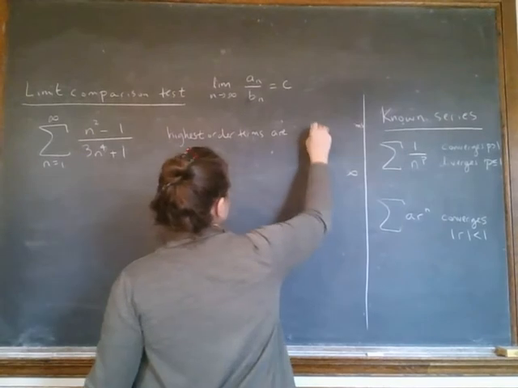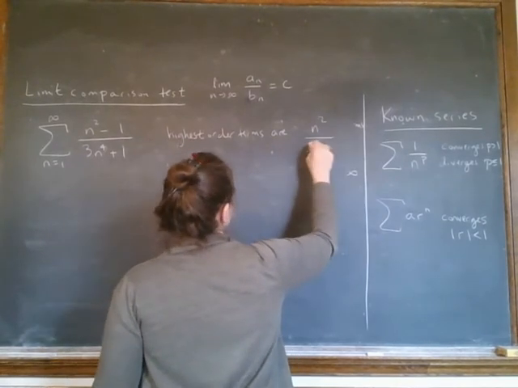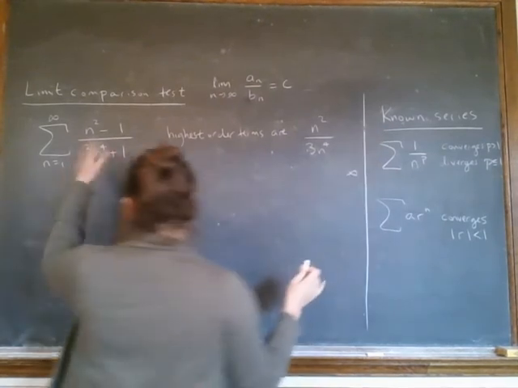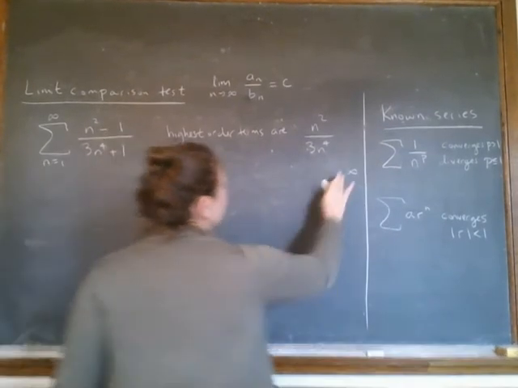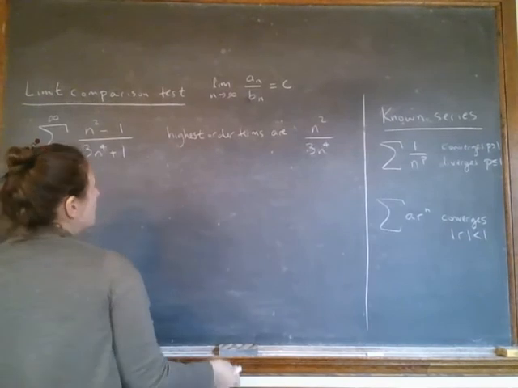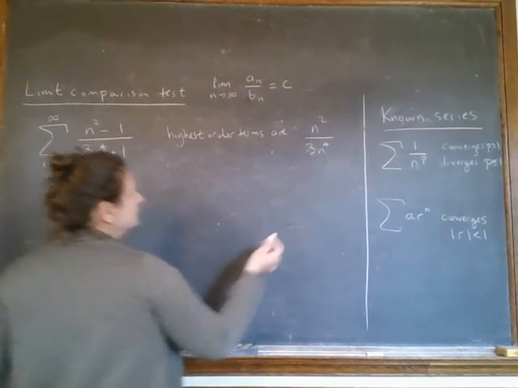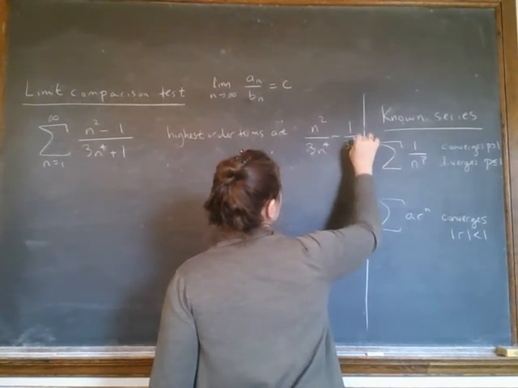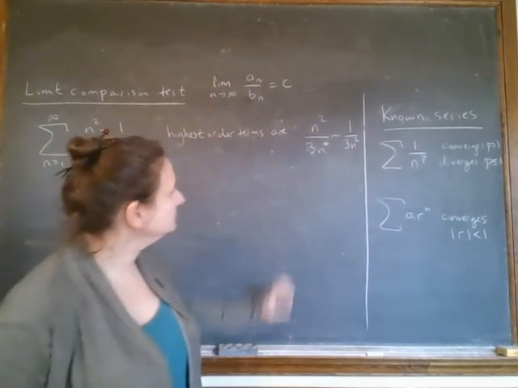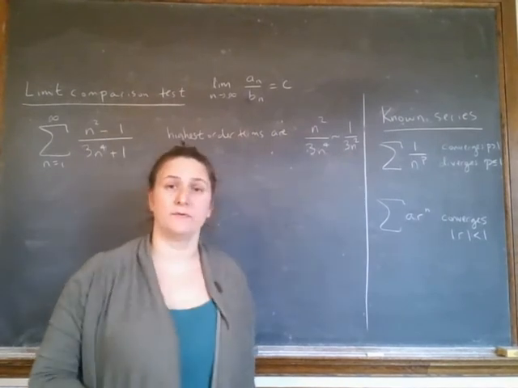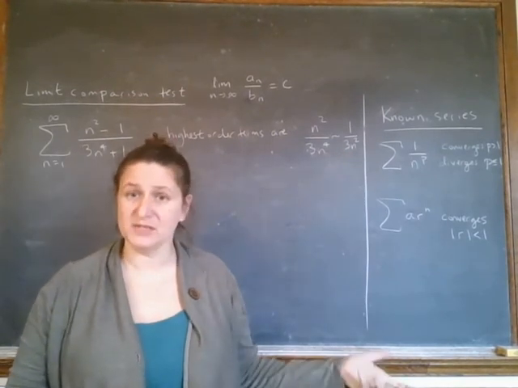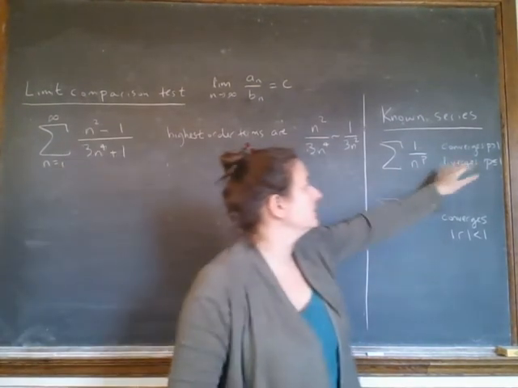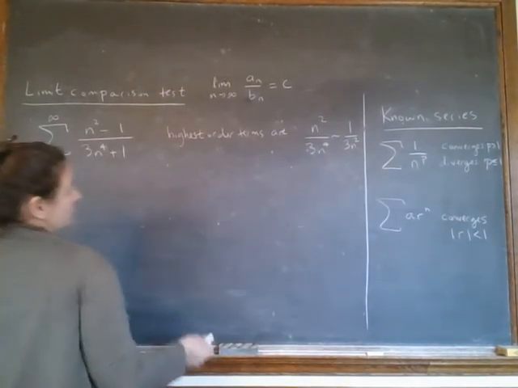And you can just pick them. n squared over 3n to the 4th, right? Just ignore that other stuff, plus 1, minus 1, whatever. Okay, so if I simplify that, this is really 1 over 3n squared, right? The n's cancel out. So I'm going to compare it to 1 over 3n squared. I know the series then will converge. 1 over 3n squared is going to be a p series that's convergent.